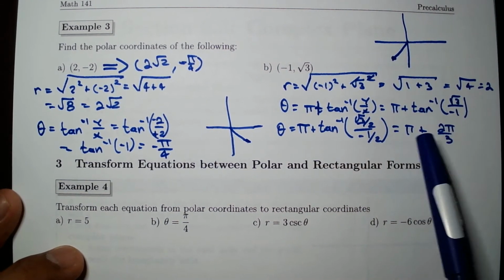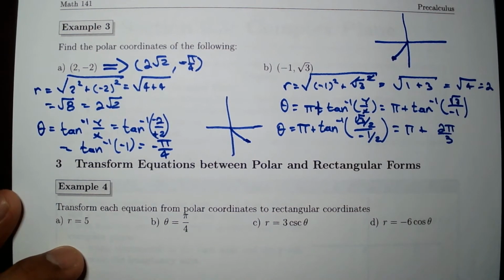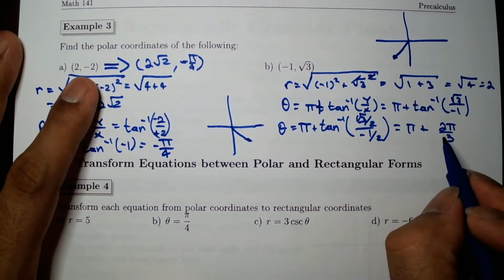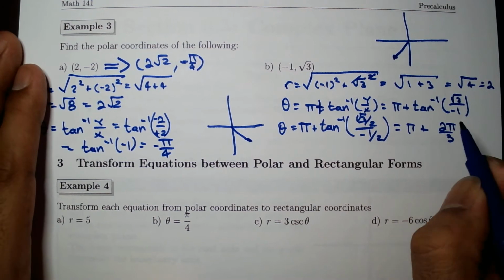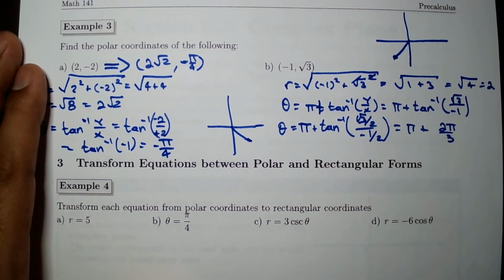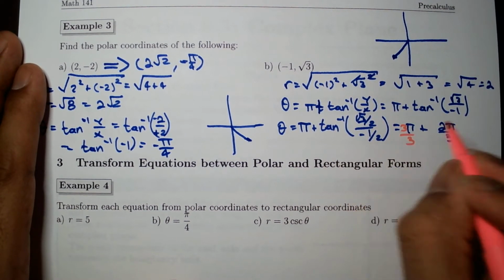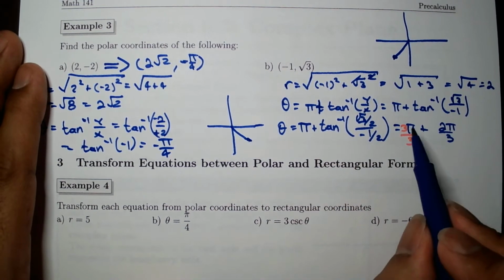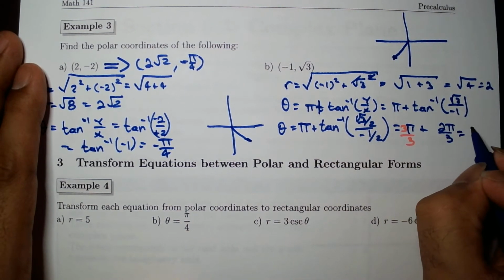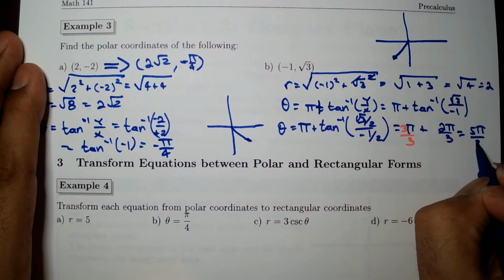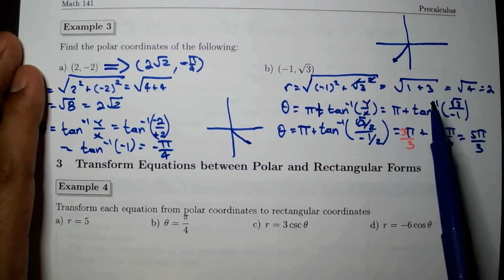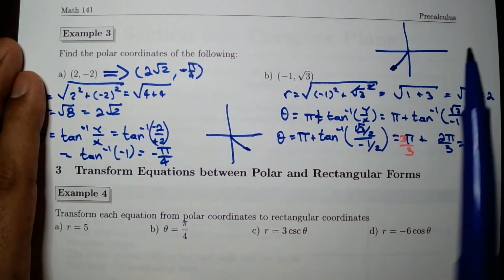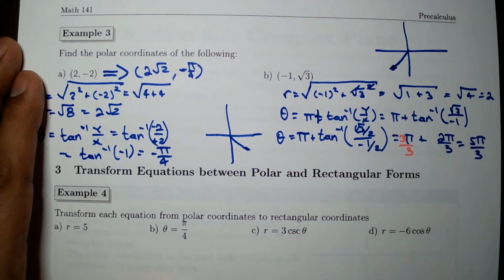Right? Now we need to combine these two angles. So in this case, what are we going to have? Well, that's 3 and 3. That's 3 plus 2. That's 5 pi over 3. And 5 pi over 3, if you notice, it's indeed in the third quadrant, actually.